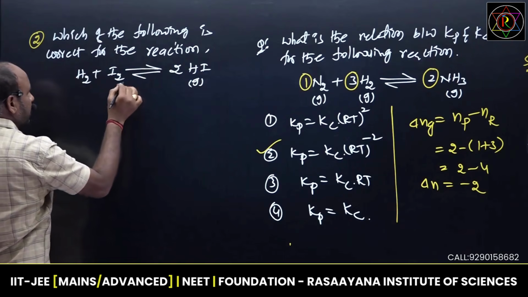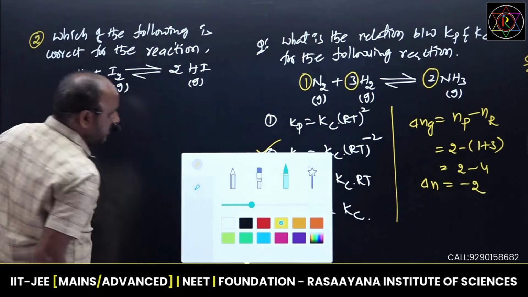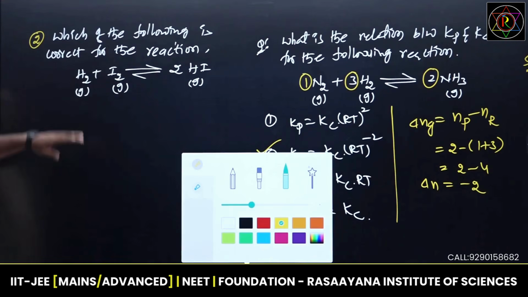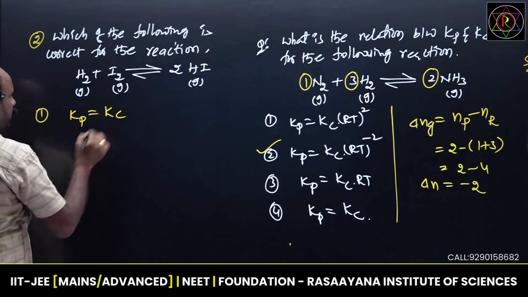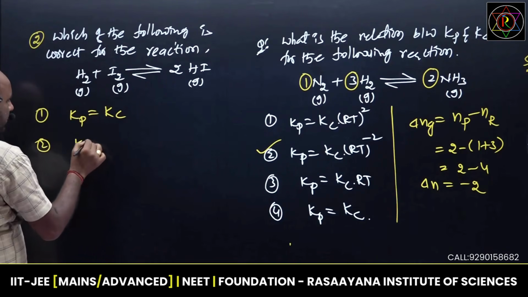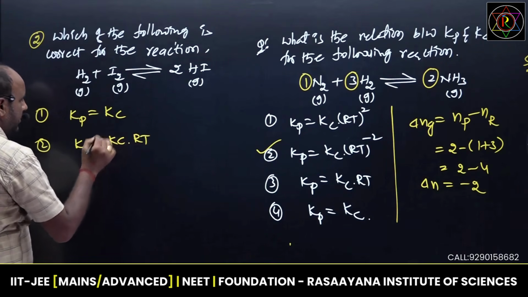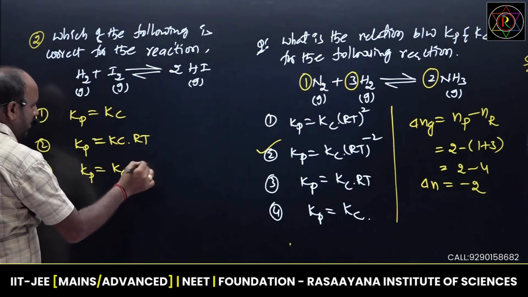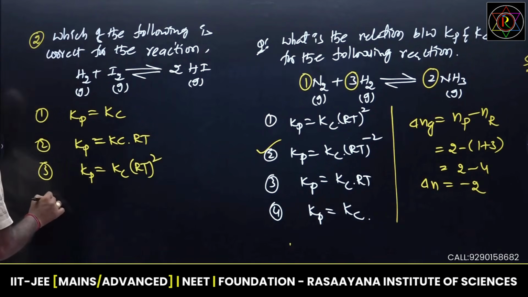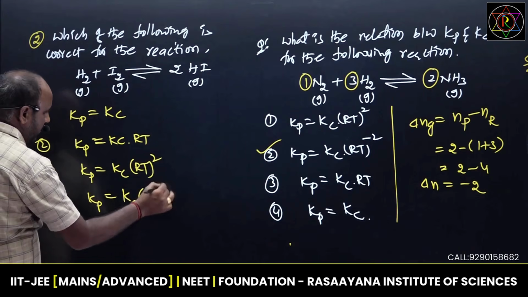This is gas and this is gas. Right. So the given options: what is the relation between Kp and Kc? The first one is Kp is equal to Kc. Second one is Kp is equal to Kc into RT. Then third one is Kp is equal to Kc into RT square. Right. Then the fourth one is Kp is equal to Kc into RT power minus 1.